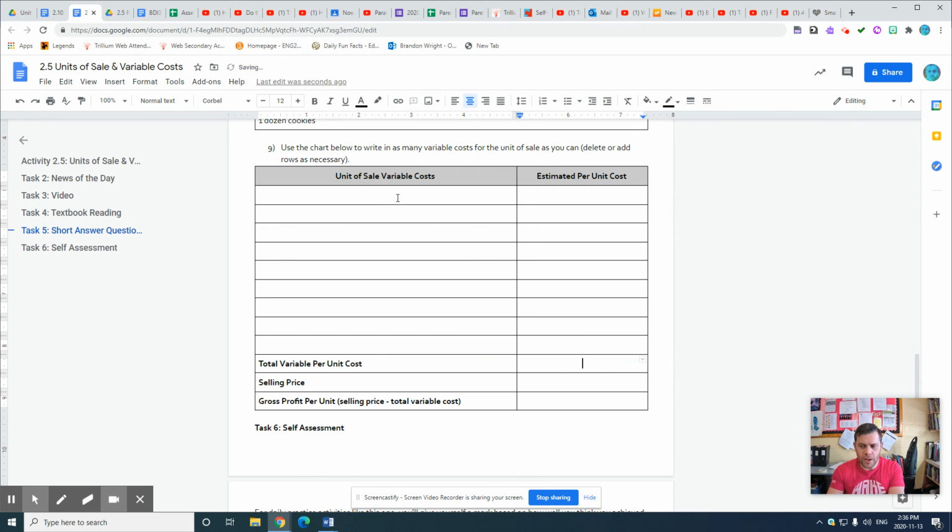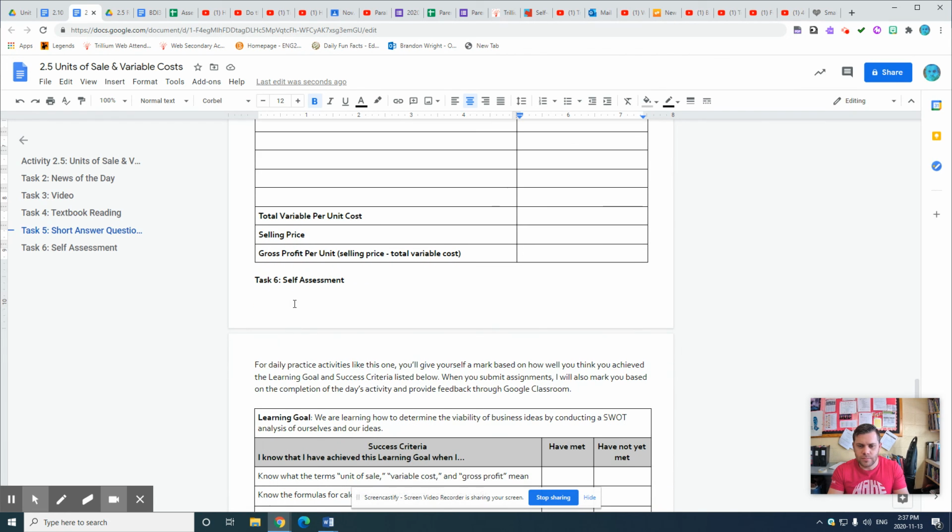But if you do need help, please sign on to Google, come into the meet, and let me know that you need help, and then we can create this chart together. I can help you out. But it's just really important to estimate the per unit cost. You don't have to get it down to the exact cent. I was just estimating by 5 and 10 cents for the cookie example.